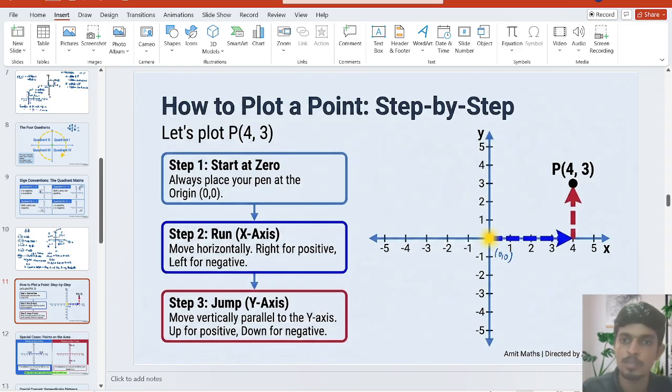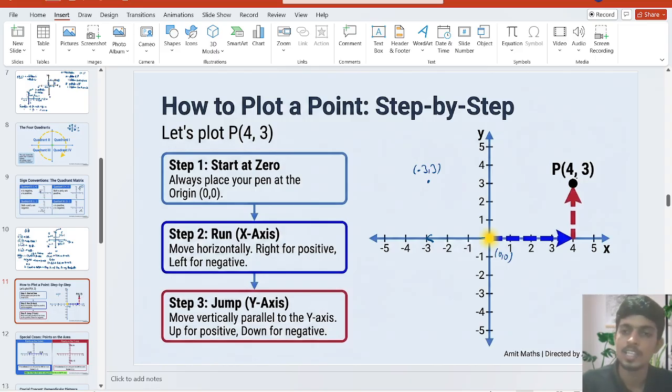This is positive. If we have to plot (-3, 3), we use -3 on the x-axis, up to -3. Step 3: jump along the y-axis, moving vertically parallel to the y-axis, up for positive and down for negative.